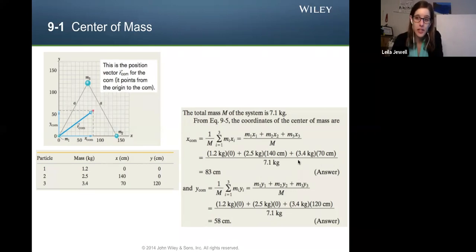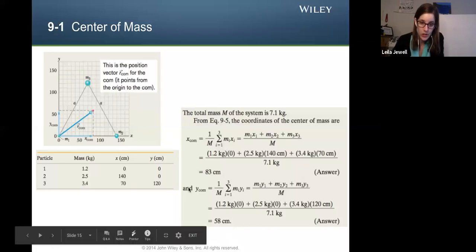And notice it's okay it's in centimeters here, because that just tells us our final answer is in centimeters. And we get something that's slightly past the halfway point at 83 centimeters, which makes sense because mass 2 is bigger than mass 1, so that should shift it over to the right.